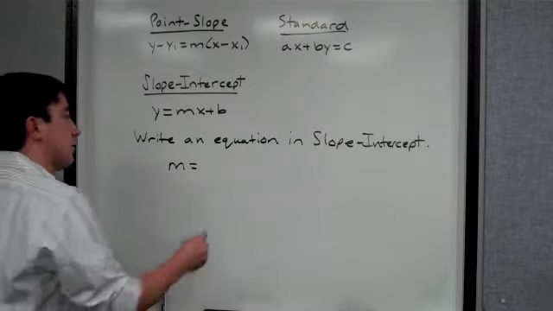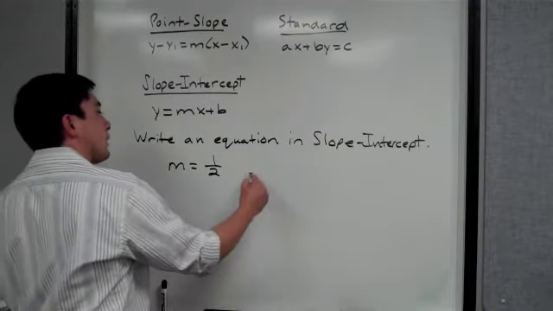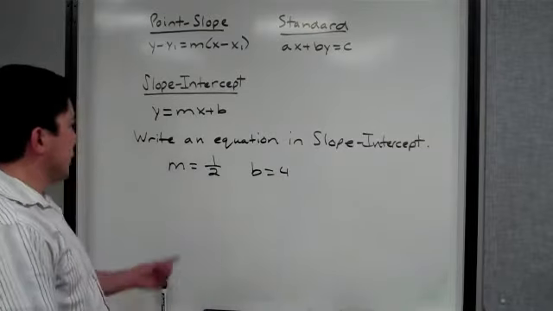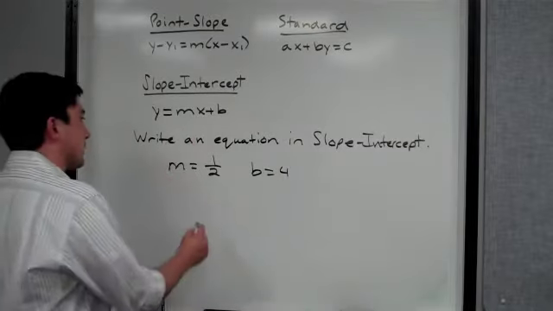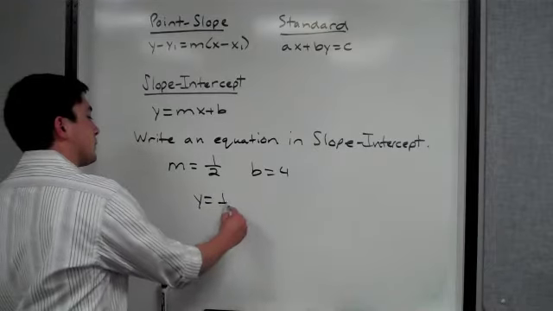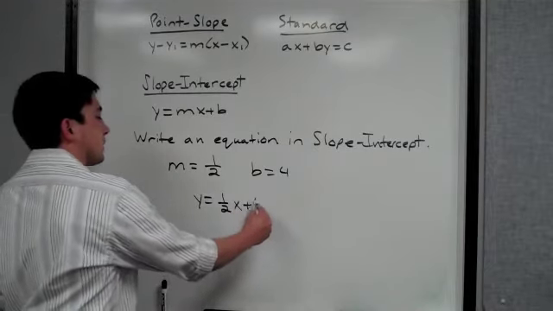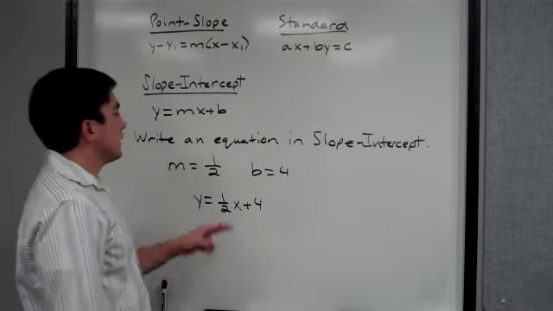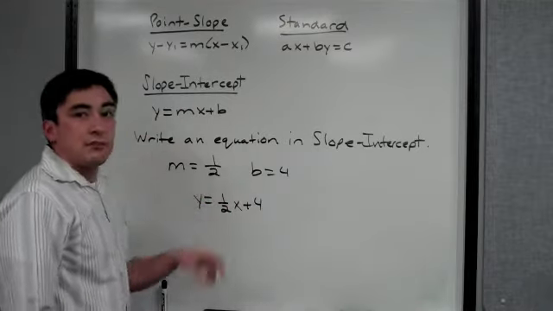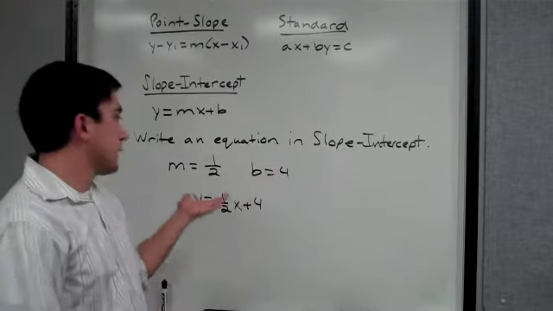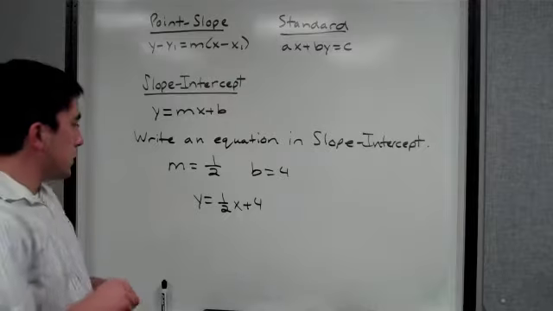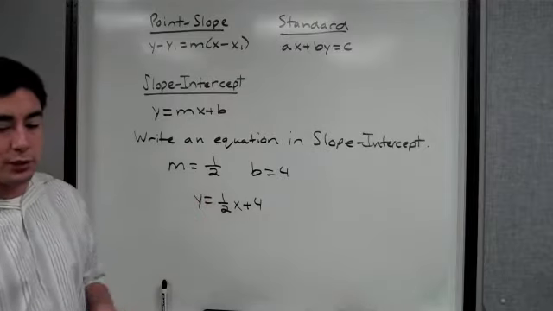Slope was 1/2. M is 1/2. B equals 4. Very basic. All you do is plug into your slope-intercept form. Y is equal to 1/2 x plus 4. That's it. Not so difficult. Plug into m, plug into b if I ask you to put it in slope-intercept form. So that's the easiest problem you're going to have on the homework.